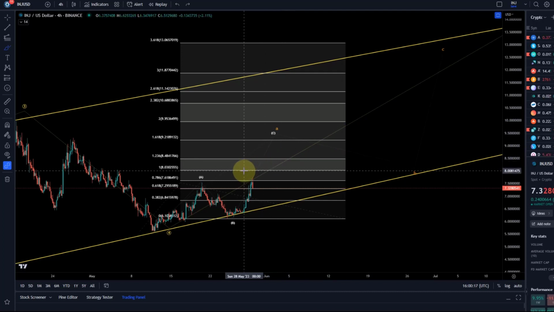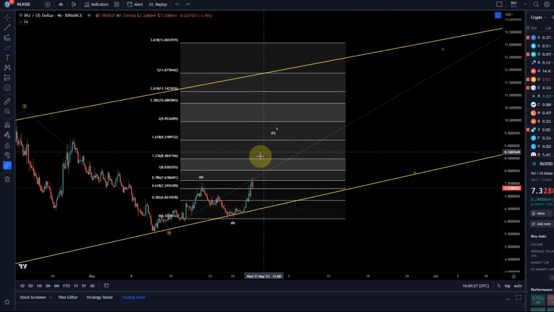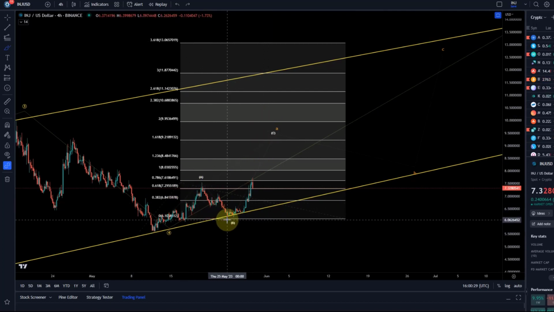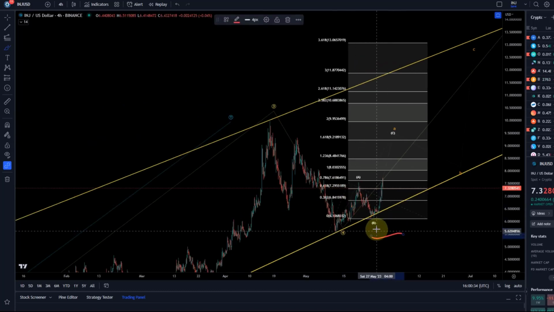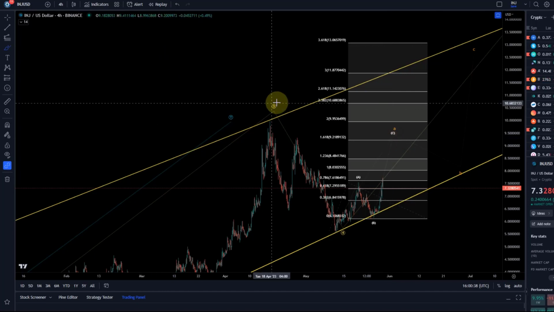It's not a nice impulse which is developing here, especially because this move up was also a three-wave move. You can count it as a diagonal, but then again, it should also push higher as long as the 25th of May low is holding. And let's say we get, maybe in this C wave here, to $9.20.